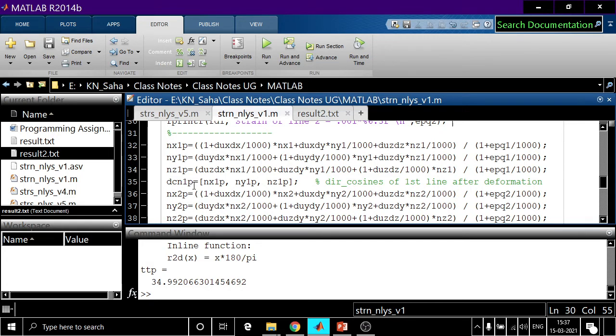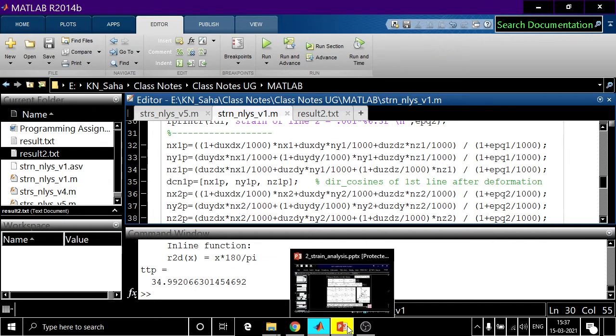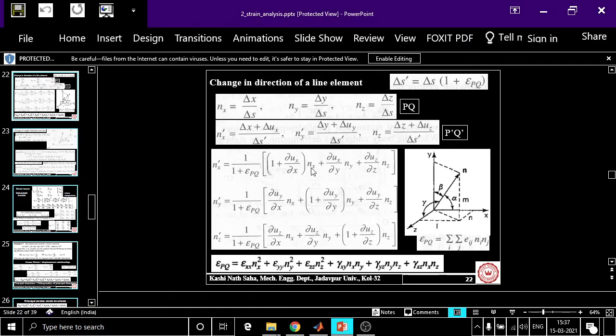Primed means the deformed configuration. Okay. So the same thing we will do for line 2. You have to take note of the calculation part. They follow these equations. This part you have to check actually.